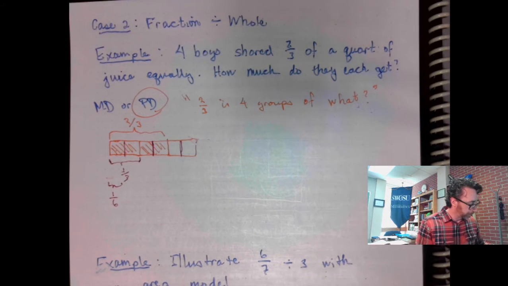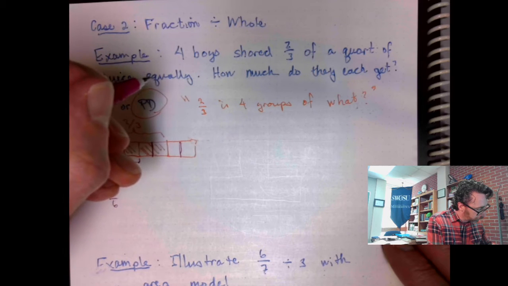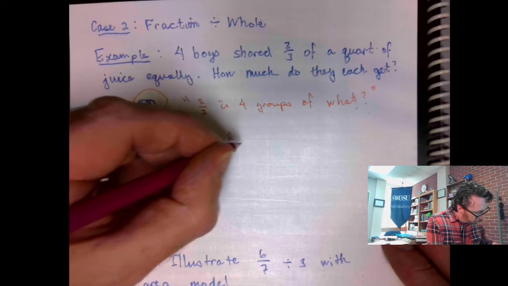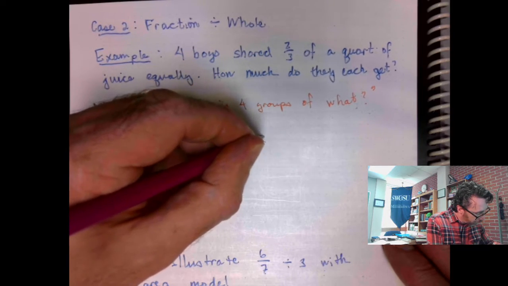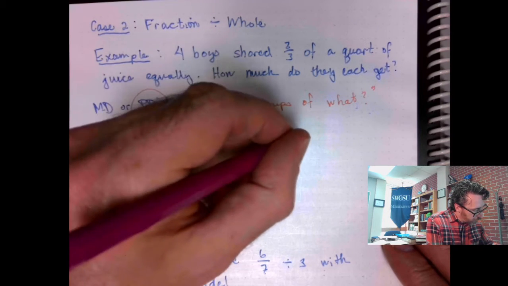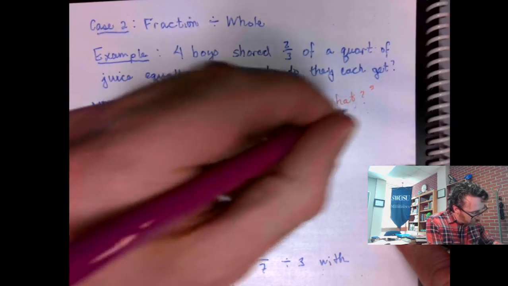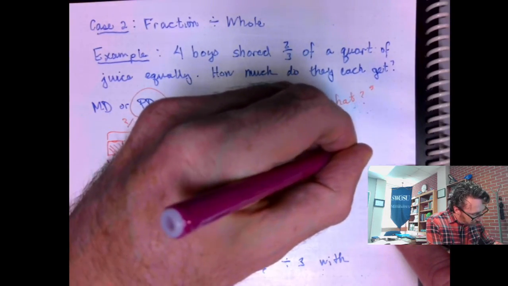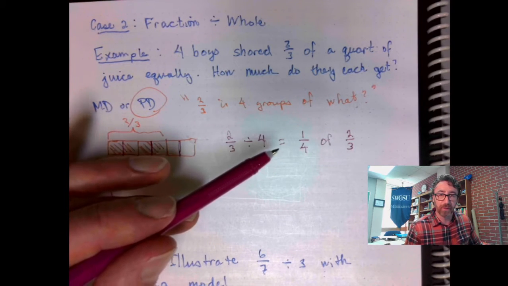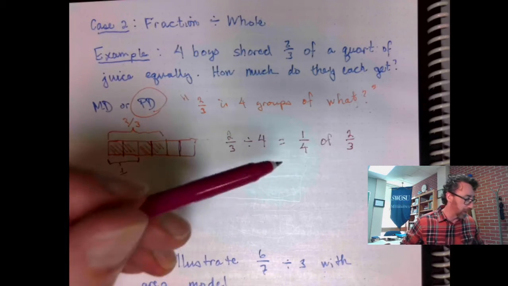Okay, so 2/3 divided by 4 is equal to 1/4 of 2/3. If you look back to our notes on multiplying fractions, one of the key interpretations was this "of" interpretation, okay?